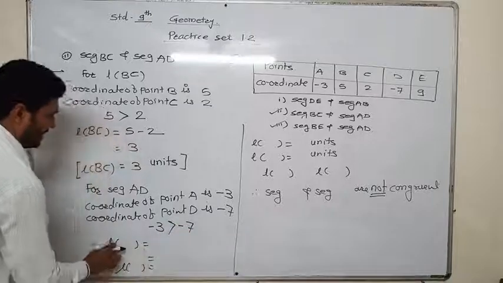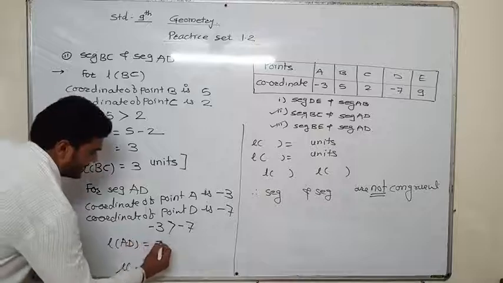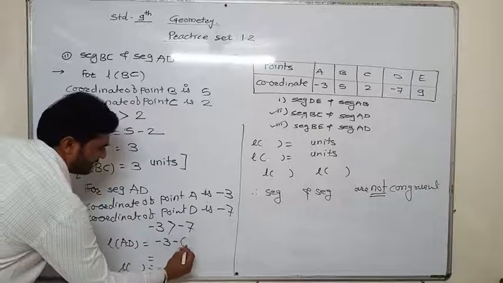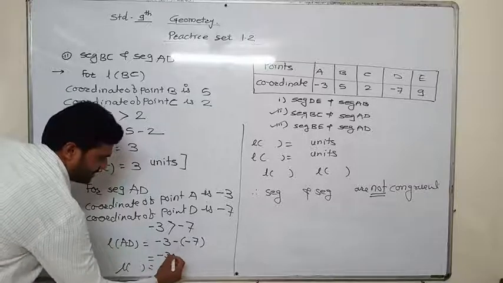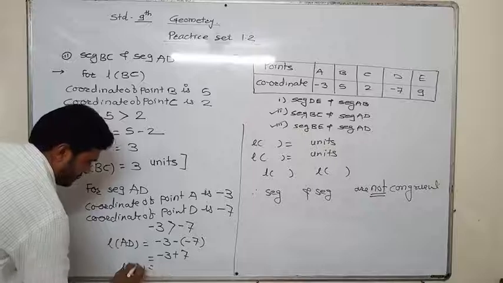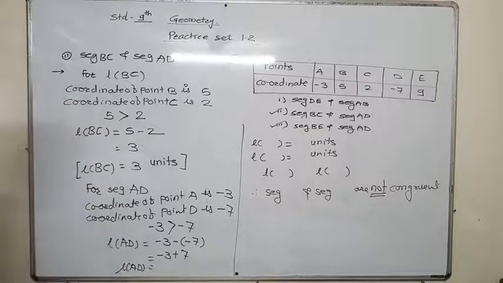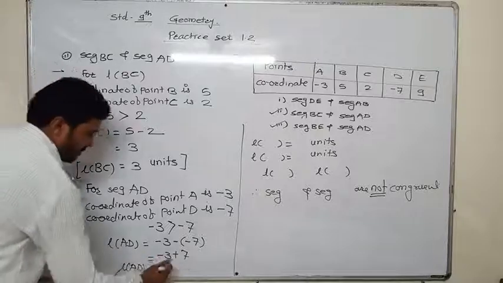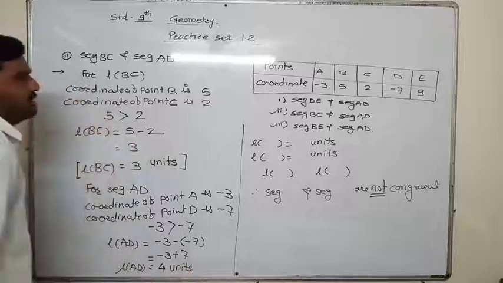So the length of AD is equal to minus 3 minus minus 7, which means minus 3 plus 7. So the length of AD is 4 units.